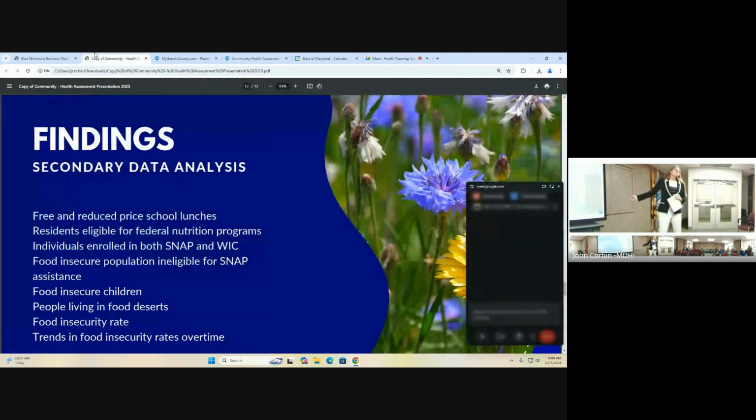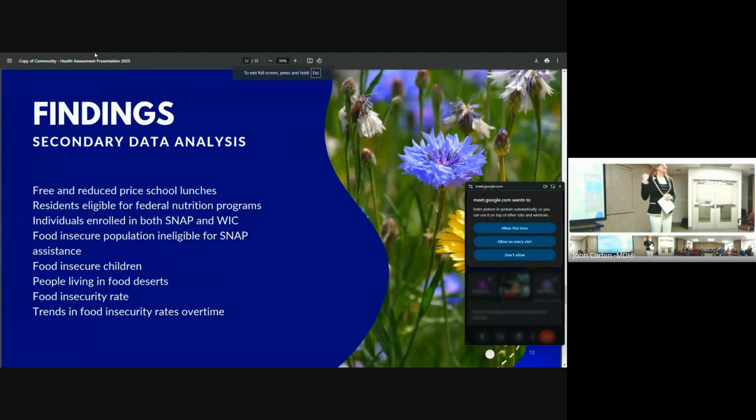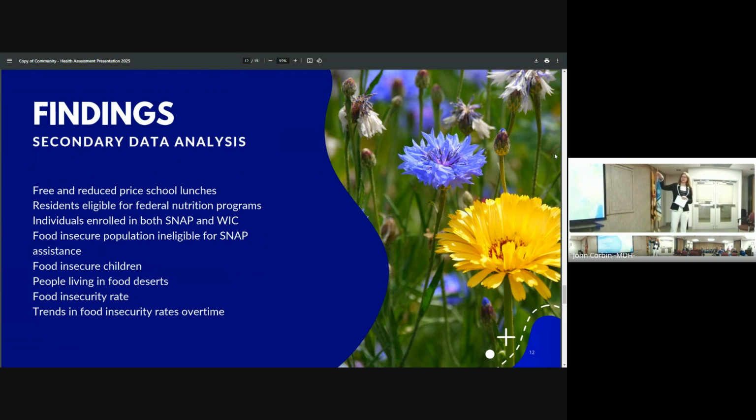So when you use this for any kind of reporting or any kind of grants, these are all of the different data points in this data analysis that I was able to find. You have free and reduced price school lunches, residents eligible for federal nutrition programs, and individuals who are enrolled in both SNAP and WIC. Mind you, that's different.